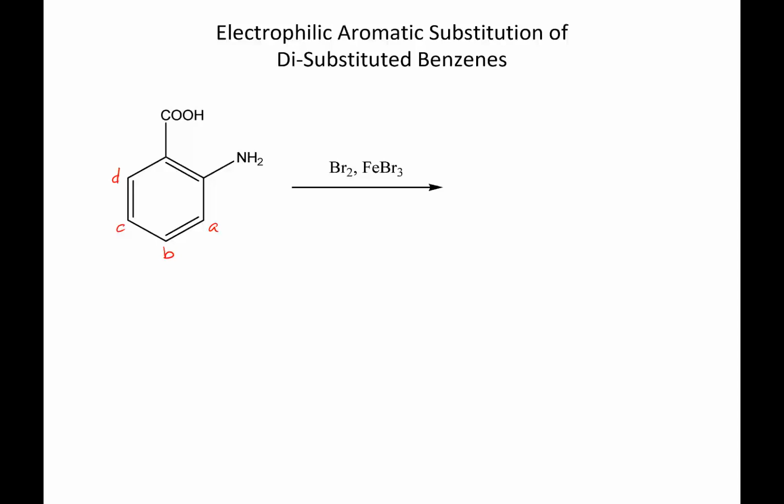Since I don't have my iPad with the wheel of everybody's name, we'll do it by numbers, going 1 throughout. Number 12. Sarah, first question, what electrophile are we forming with Br2 and FeBr3?